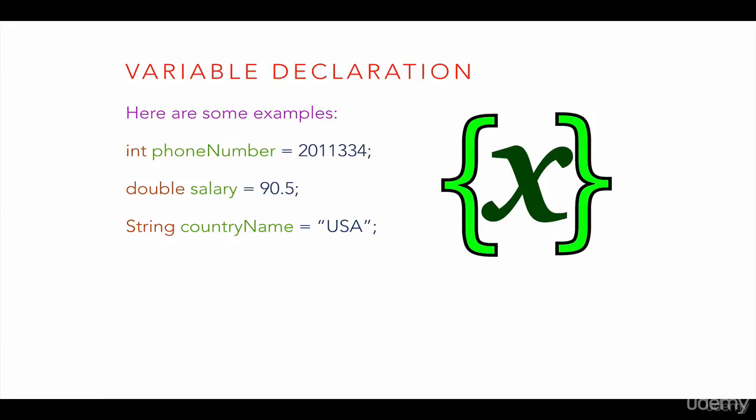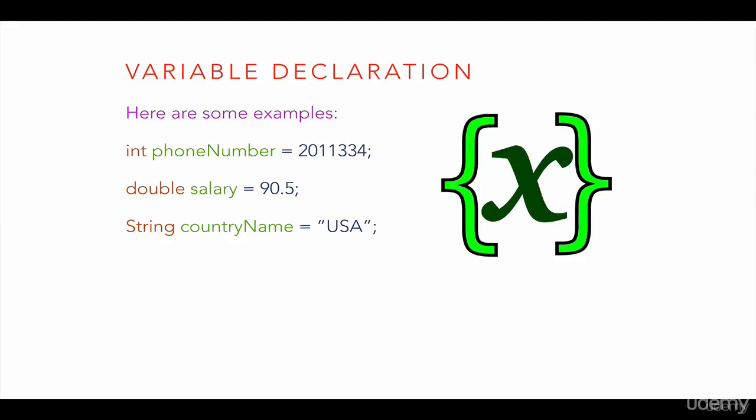I'm starting my variable name with a lowercase letter, and for the next words, I'm using an uppercase letter. For example, phoneNumber, countryName, or tableName, or other names which we will be more familiar with later in the course.